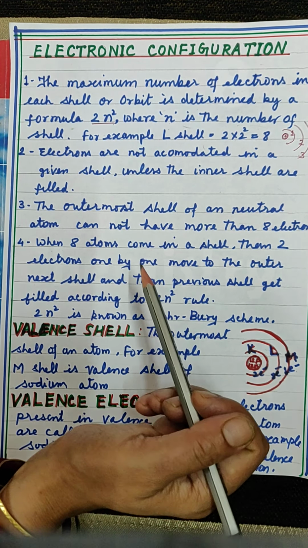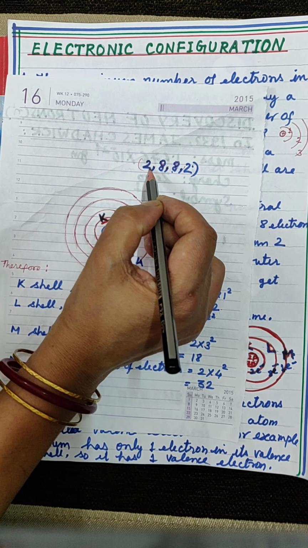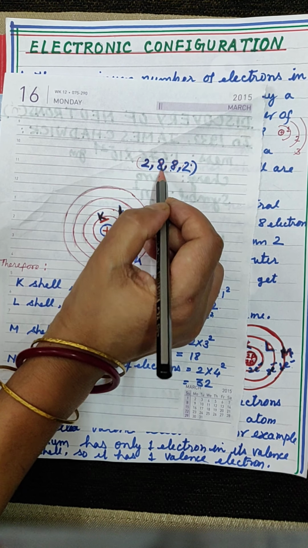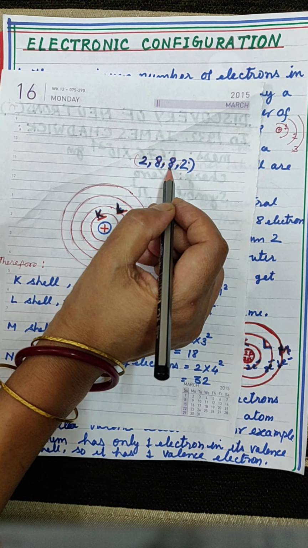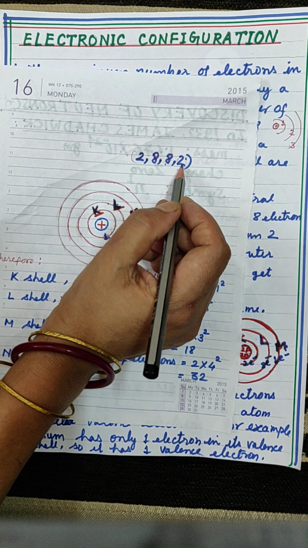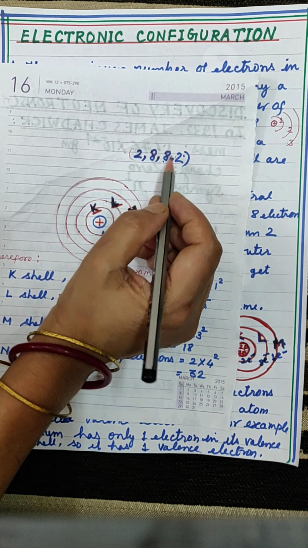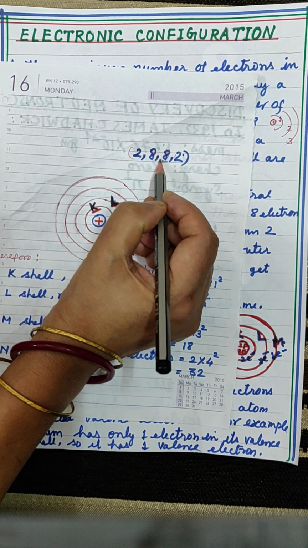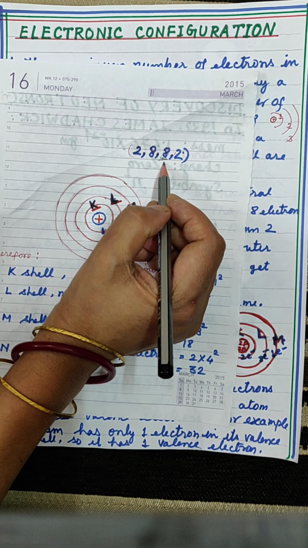For example, have a look at this atom. If this atom has 20 electrons, then the first orbit has 2, the second 8, but the third cannot have 10 because the outermost cannot have more than 8. So after 8 electrons, the remaining 2 electrons will go to the outer shell. After that, if there are more electrons, they can be accommodated in the third orbit to make it 18 from 8.